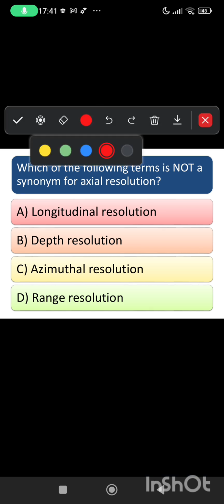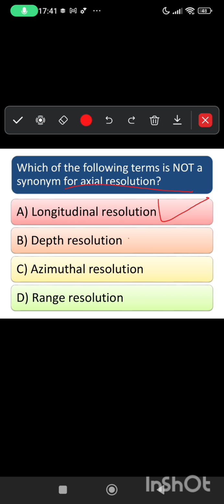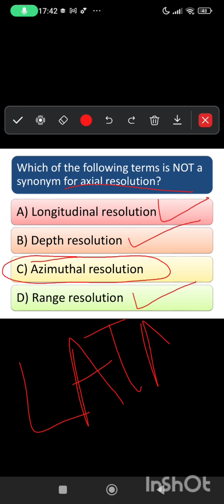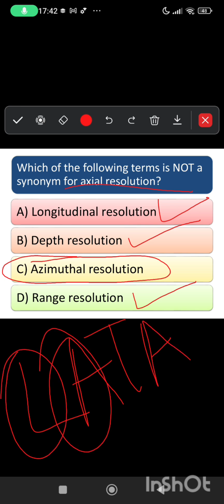So axial resolution is also known as longitudinal, range and depth. And azimuthal is equivalent to lateral. Lateral, azimuthal, transverse, and A stands for angular. Okay, good.